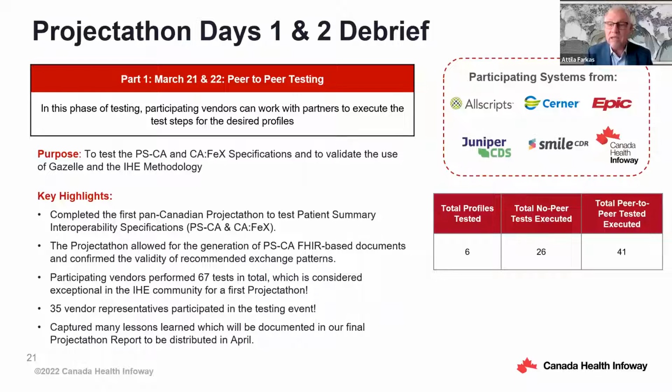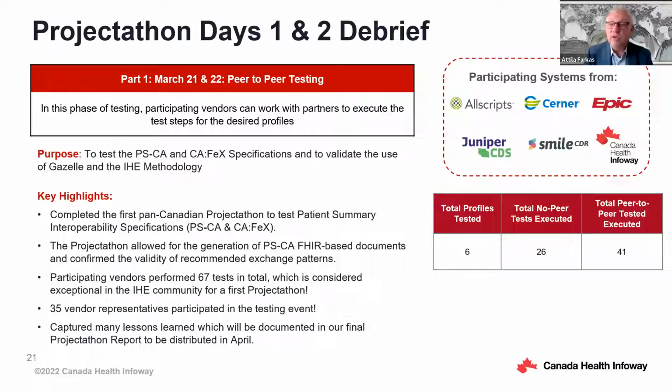So despite the very, very short time we had to set up, basically a good 6 to 8 weeks between publishing the specification and talking about the Projectathon, we were very fortunate to have a couple of leading organizations in Canada step forward and jump in to want to do the Projectathon. You see the 5 organizations that have joined us: Allscripts, Cerner, Epic being big US names, right?